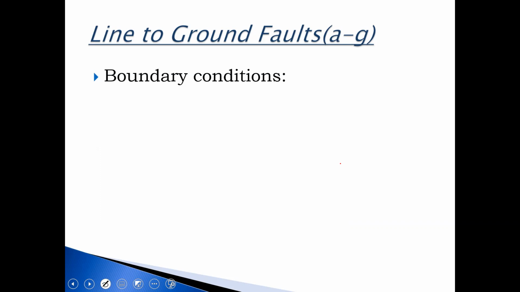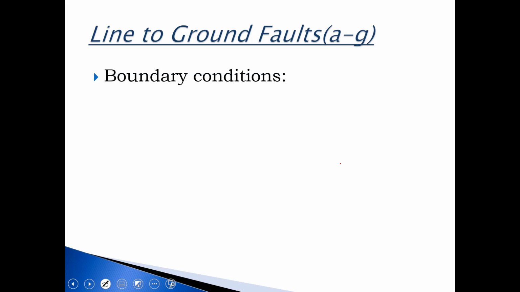So they can be short-circuited, or they can be short-circuited to earth. That's still a symmetrical fault. An unsymmetrical fault, therefore, is where the fault does not impact all three phases equally. In other words, you may have one phase being affected, or you may have two phases being affected.